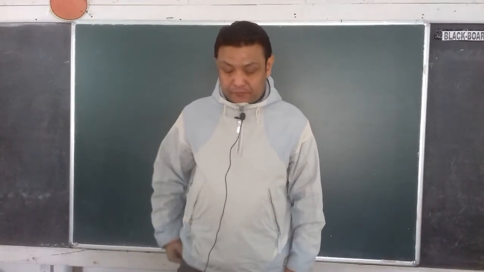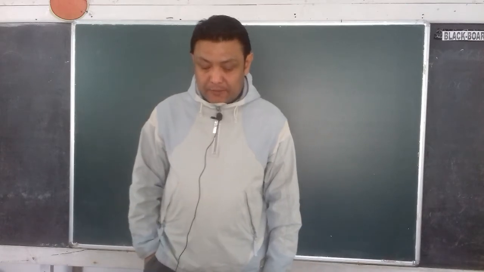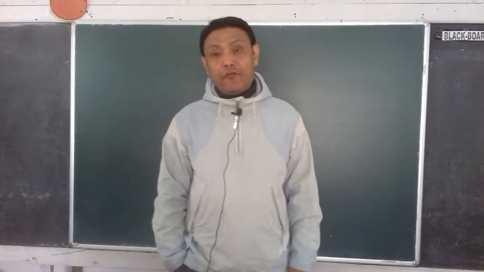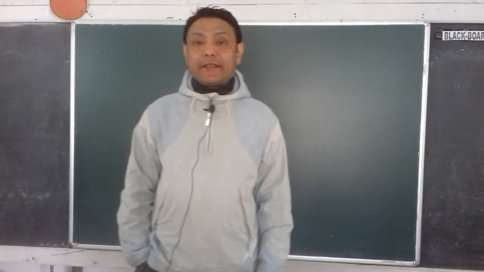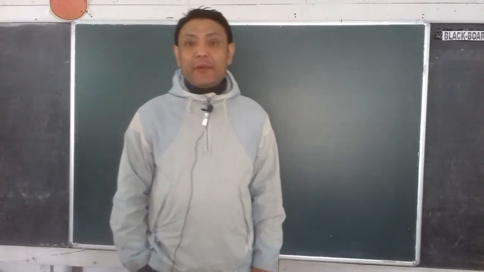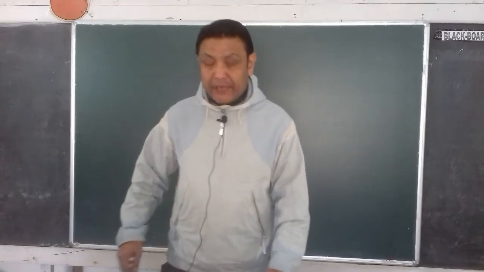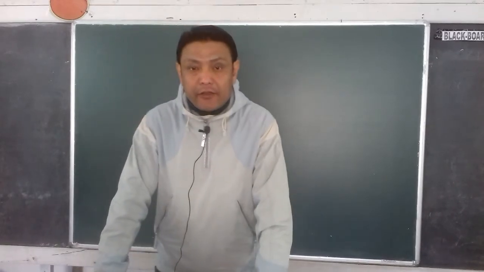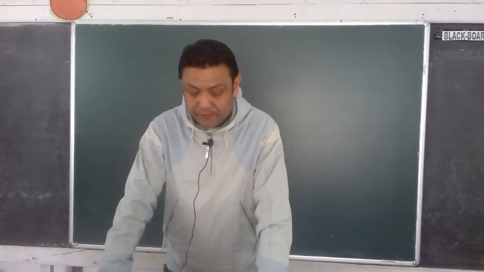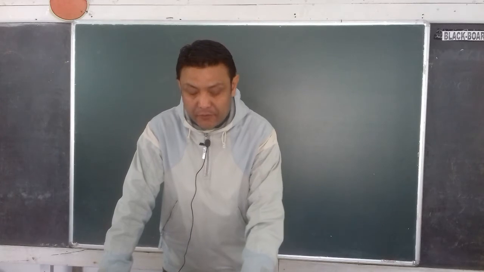So today we will talk about the xylem and the phloem. The diagram that I had sent maybe two days back, you must have copied by now in your laboratory notebook. So let's continue without wasting time.